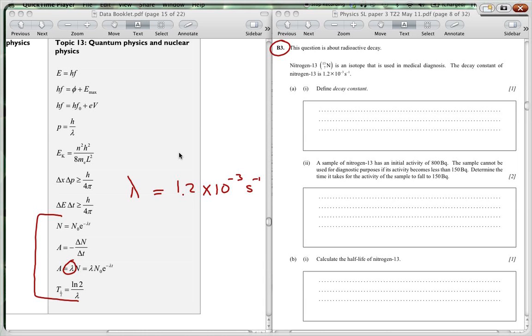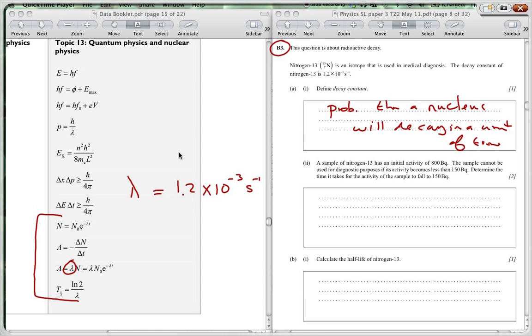Now it asks the question, define the decay constant. The decay constant is defined as the probability that a nucleus will decay in a unit of time.